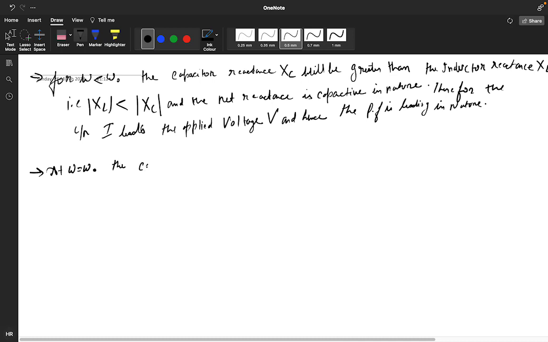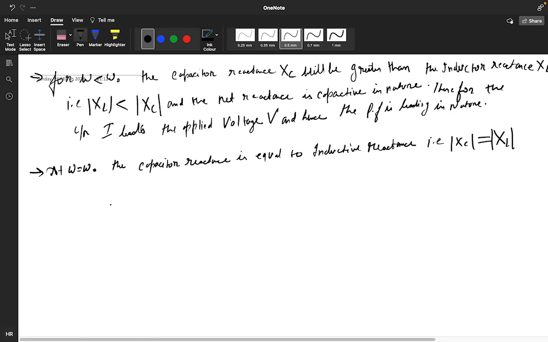The capacitor reactance is equal to the inductive reactance, that is XC is equal to XL, and the net reactance is 0.